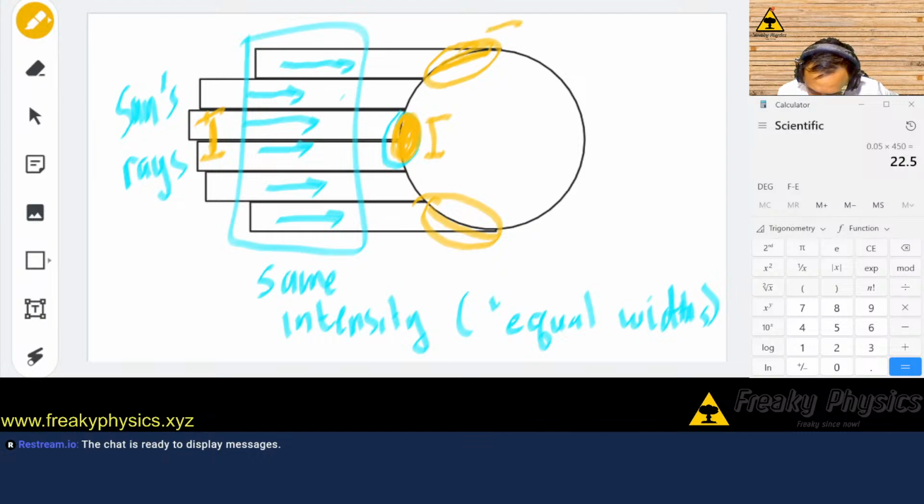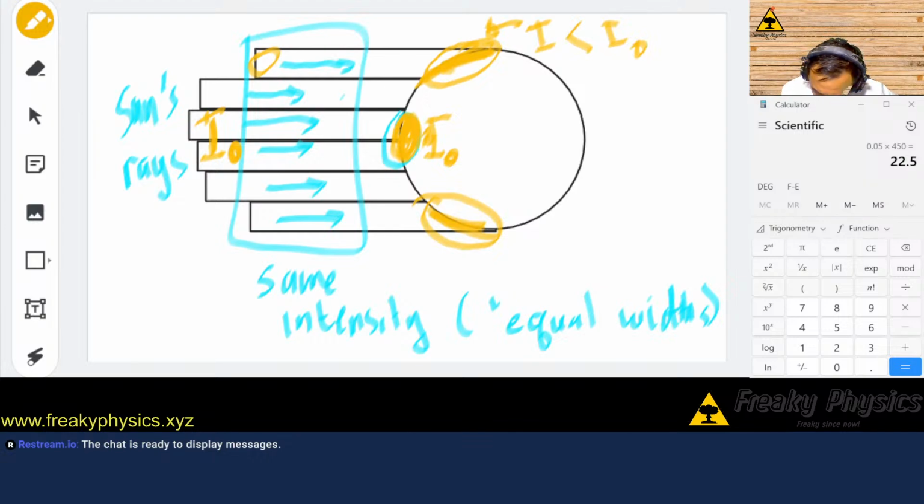So the intensity here, let's just say I0 to make it easier. This is more or less I0 approximately. But here I is definitely going to be much less than I0, simply because all that energy from this section is spread out over here. That's the overall effect.